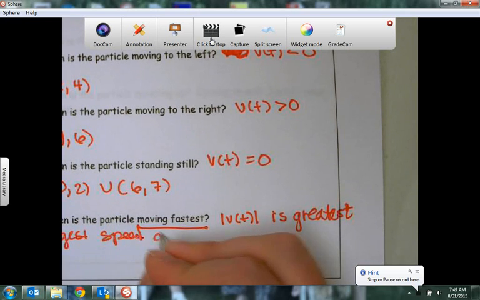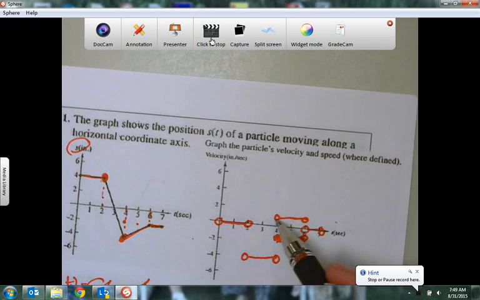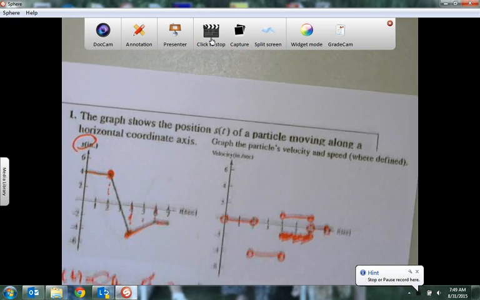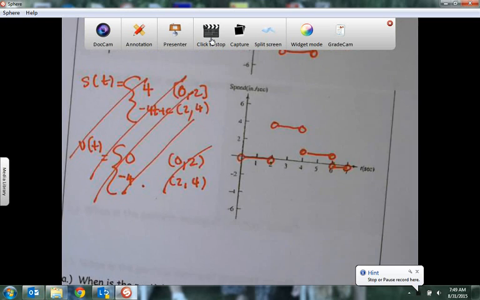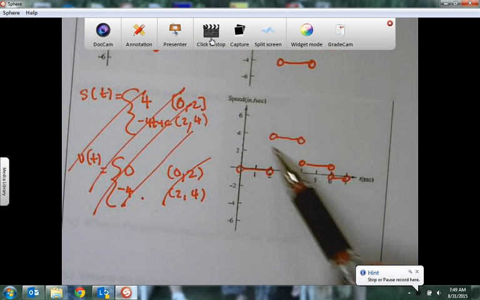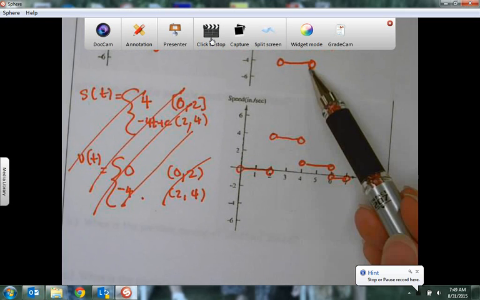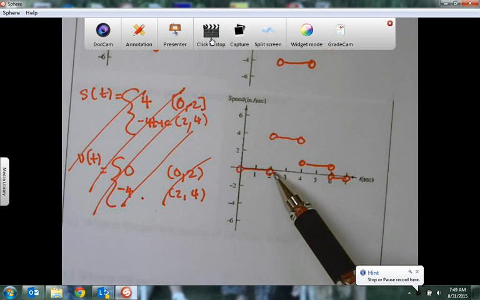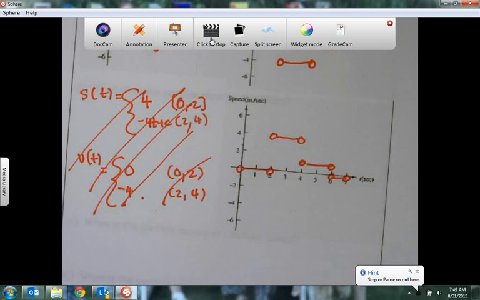If I only looked at V of t, I think, oh, it's going to be the greatest up here at 1, and that occurs from 4 to 6. But this is the velocity moving to the left, so here I'm moving the fastest, though, while I'm moving to the left, but it's going to happen from 2 to 4. So my speed is still the greatest there. So from 2 to 4.